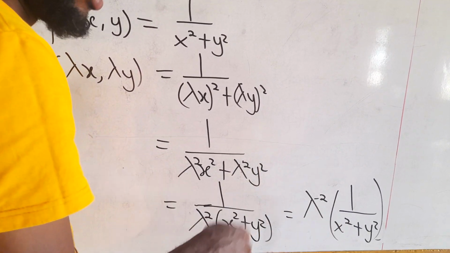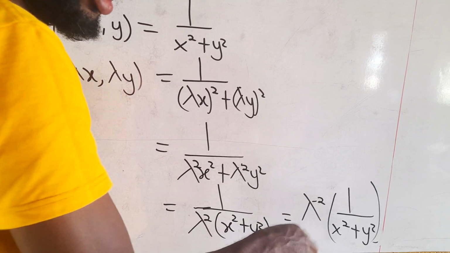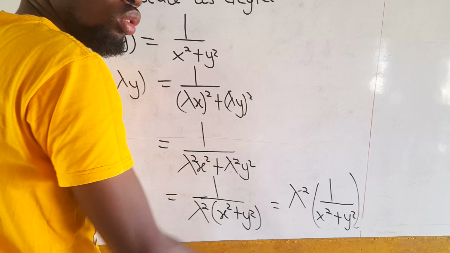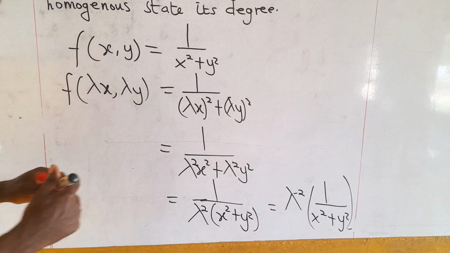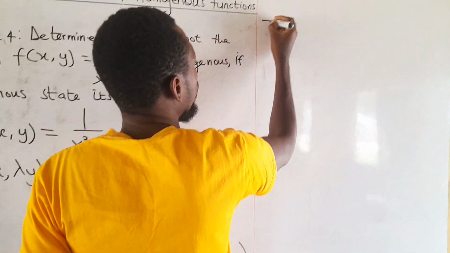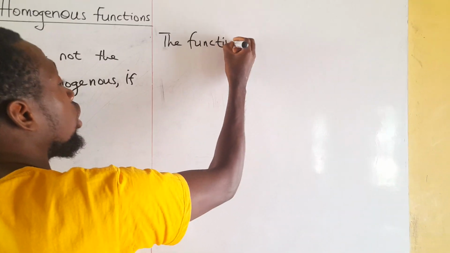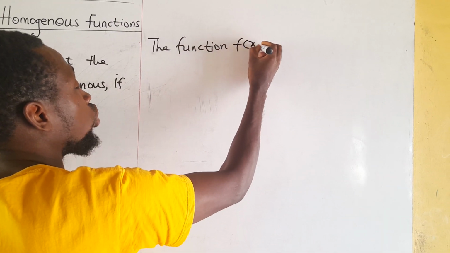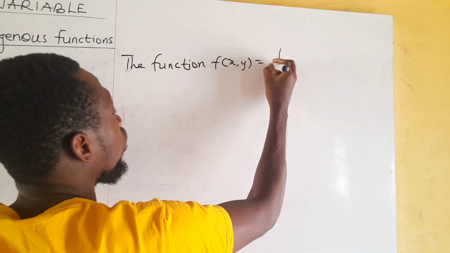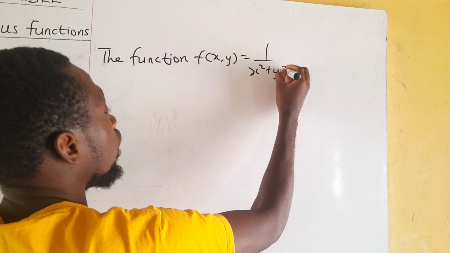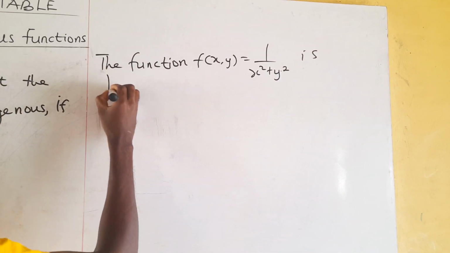So as far as we get a function back, then the function is homogeneous. To what degree? To degree negative 2. I hope you get that. So we conclude that the function f of xy equal to 1 all over x squared plus y squared is homogeneous.